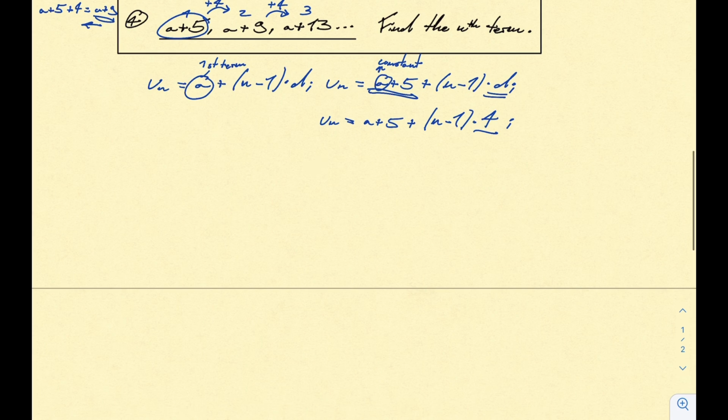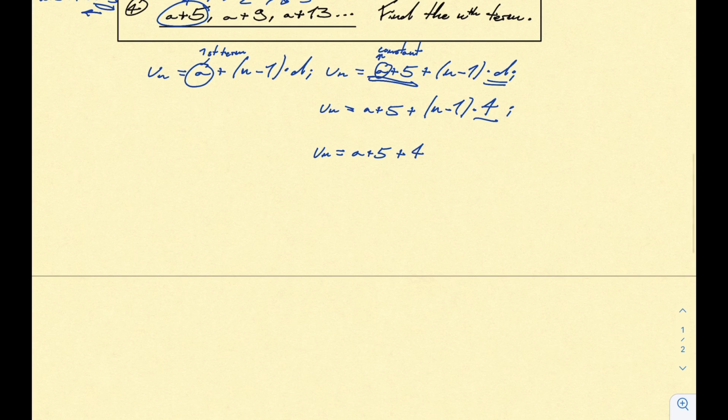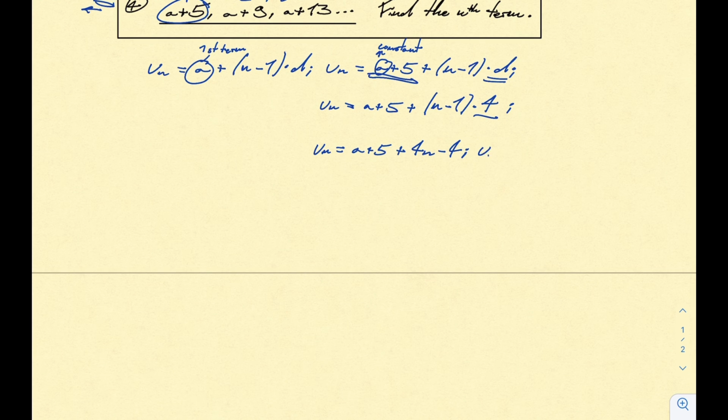And so un will be equal to a plus 5. We just have to simplify this, plus 4n minus 4, which again, if we simplify this, we'll get that un equals a plus 4n plus 1. And this will be the final result for the nth term.